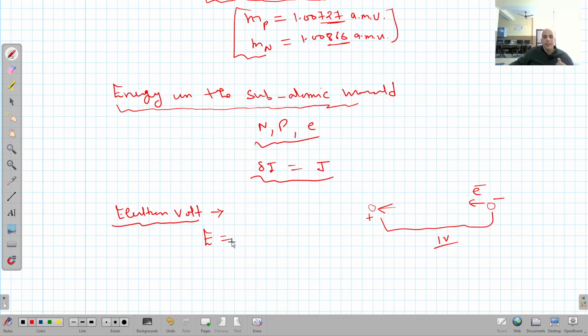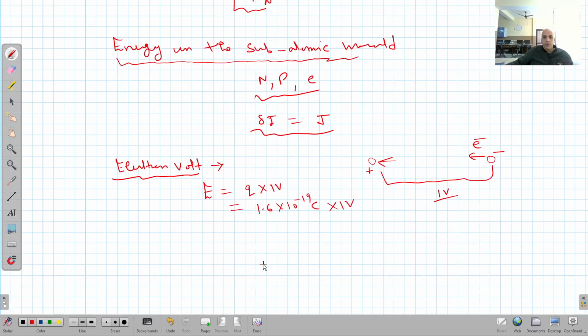That energy is called electron volt, and mathematically it should be equal to the multiplication of the charge on the electron Q and 1 volt potential. So charge on the electron is 1.6 into 10 raised to power minus 19 coulomb multiplied by 1 volt potential difference.